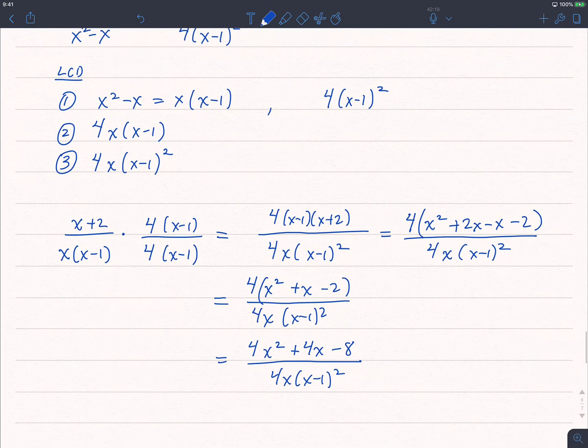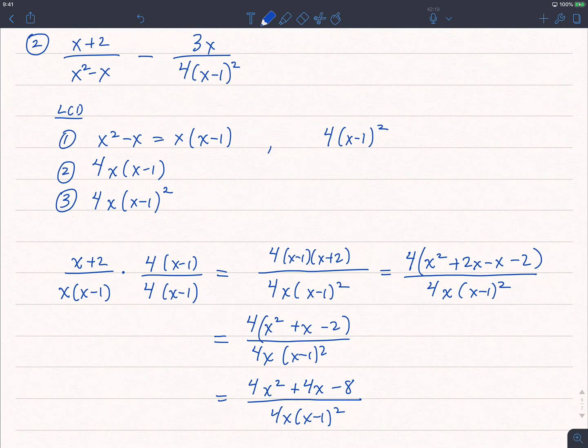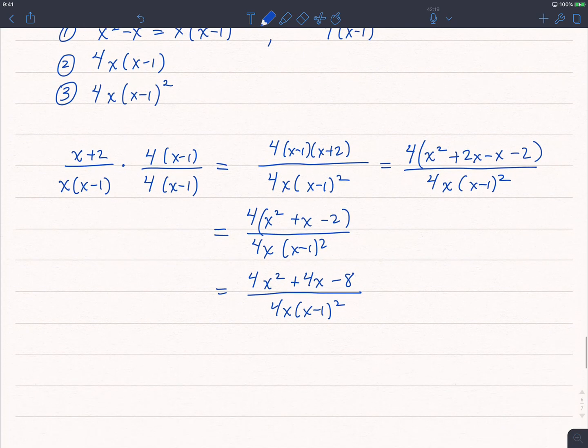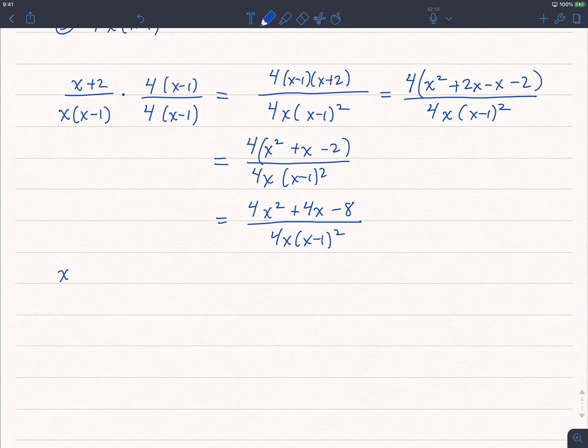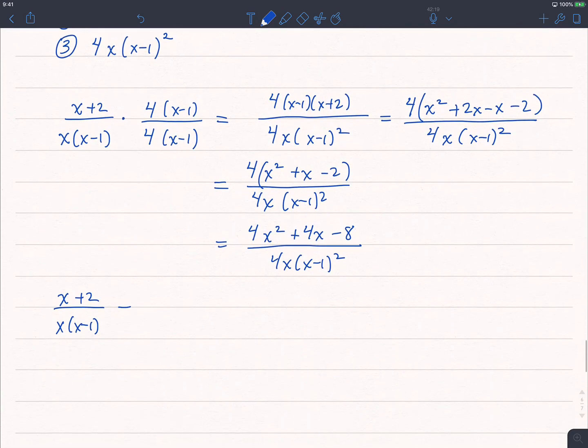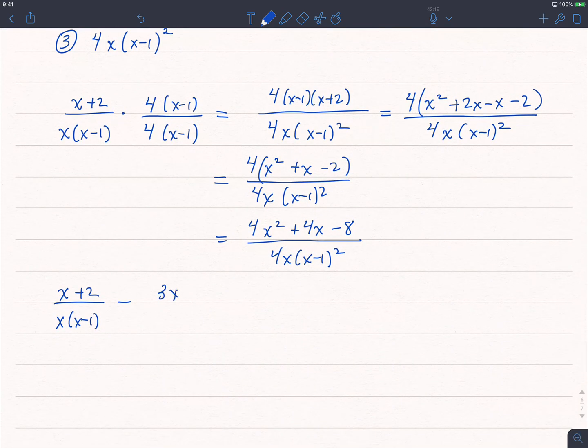Okay, so what we've done is we found the LCD, realized that the second fraction has as its denominator the LCD. So we only need to change the first fraction, and now we're ready to subtract. So this is just the original problem.